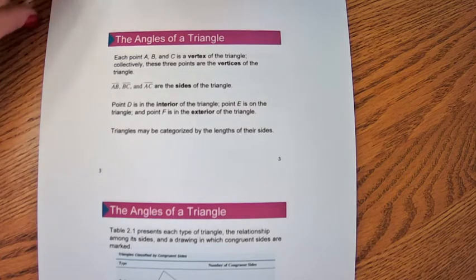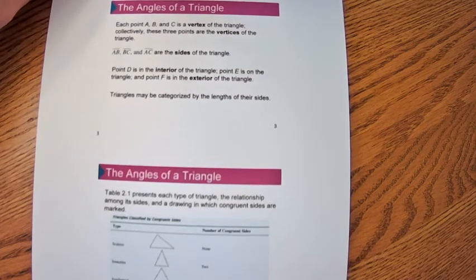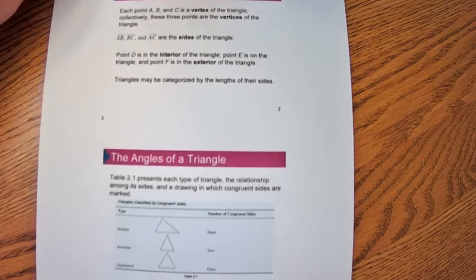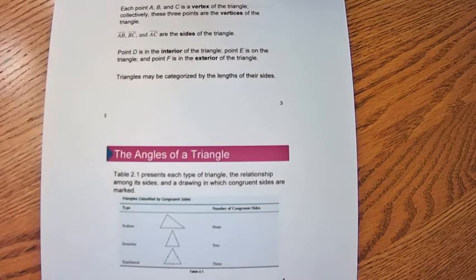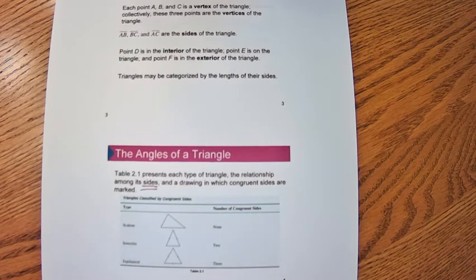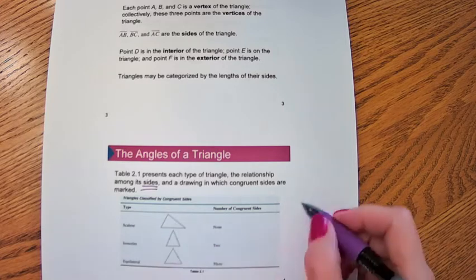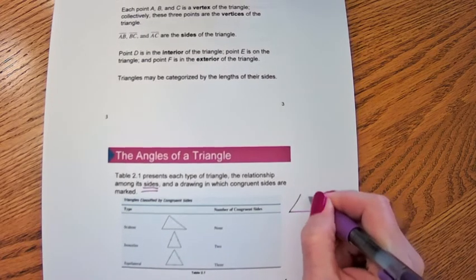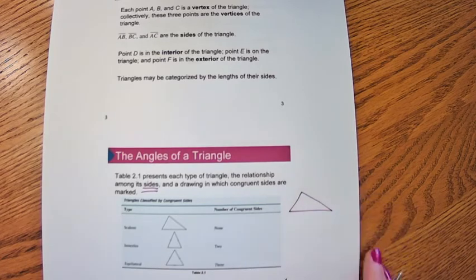Now, how do we categorize triangles? Well, first of all, we can categorize triangles by what their sides look like. A scalene triangle has no congruent sides. If you look at this diagram, none of the sides have the same measure as each other.